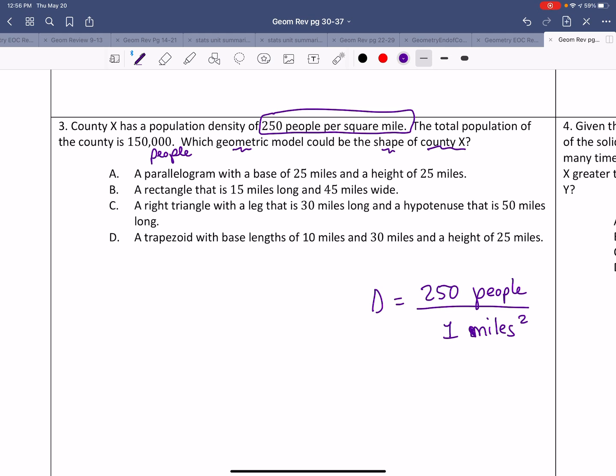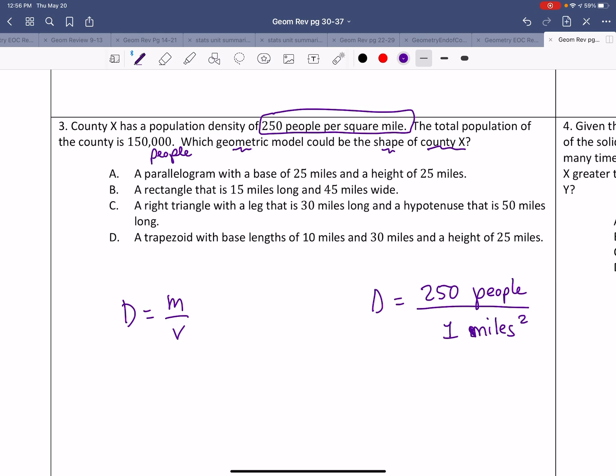A parallelogram with a base of, let's see. So this is DMV, right?